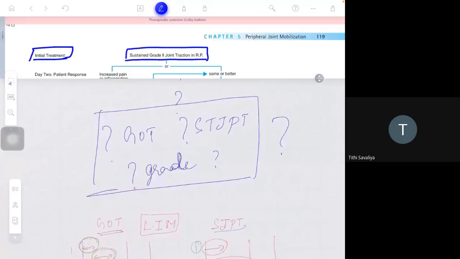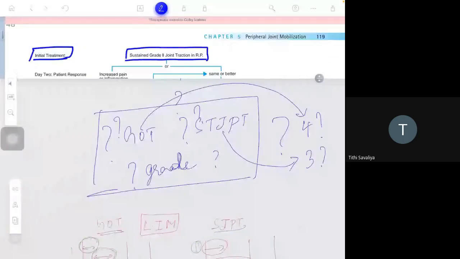I have told you there are two techniques and a total of 4 plus 3 grades. In graded oscillatory technique there are 4 grades and in sustained joint play technique 3 grades. So which technique will you select and what grade will you apply? That is the question.